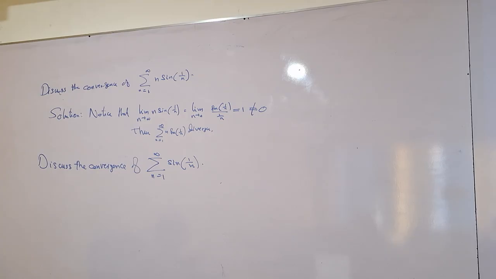I'm not sure. Uttara, what did you think? Will this converge or diverge? I think it diverges. Why do you say that? I applied the limit comparison test and got some answer, but I'm not sure if that works.